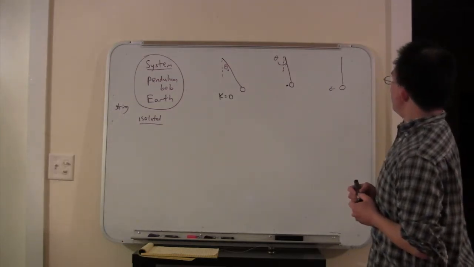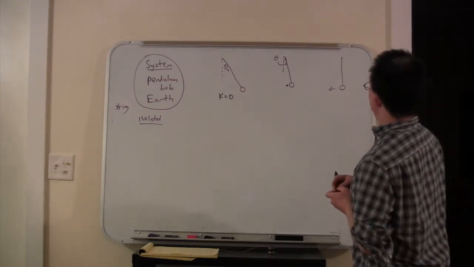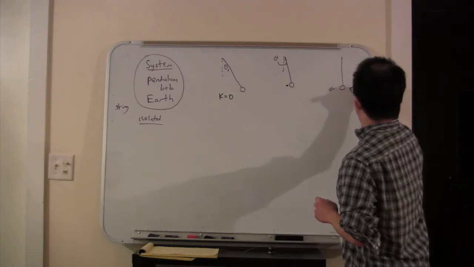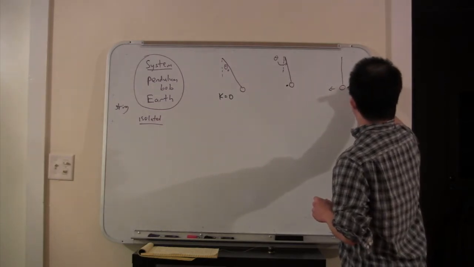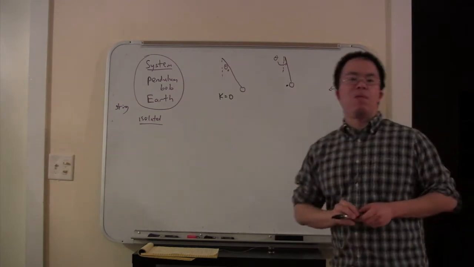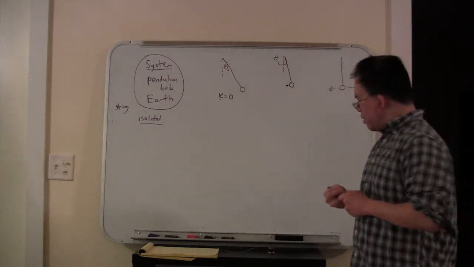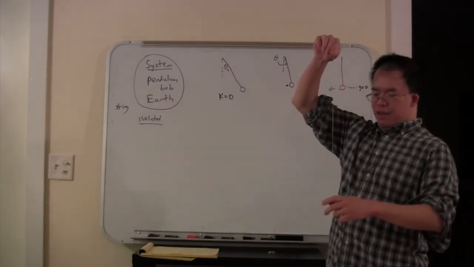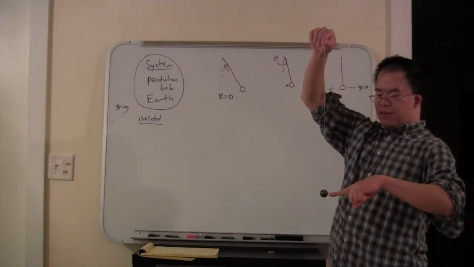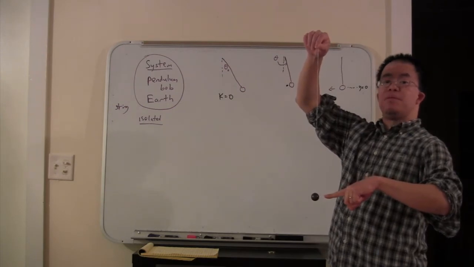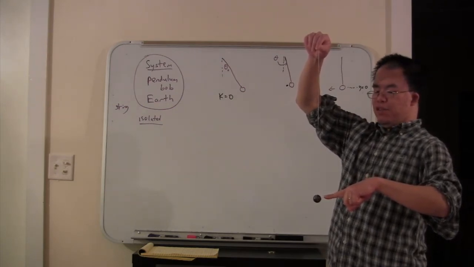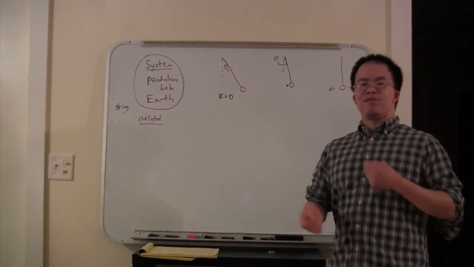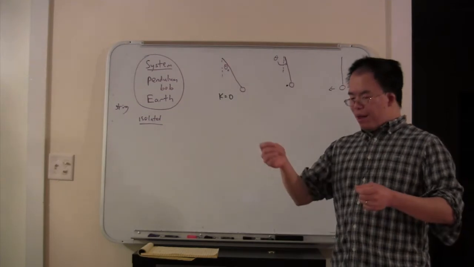I didn't do the greatest job of drawing this here, but I'm going to consider y equals 0 to be the height when the bob is hanging straight down. I'll take that position to be the zero of my gravitational potential energy. You know that gravitational potential energy goes like mg delta y.